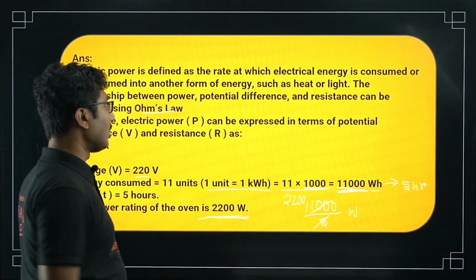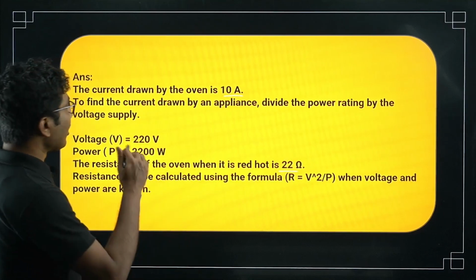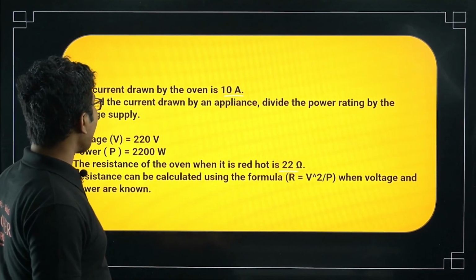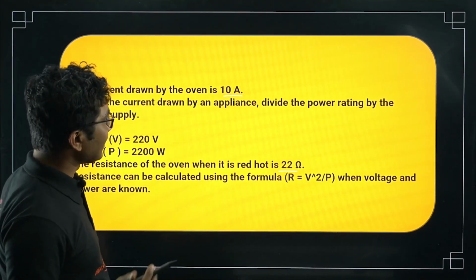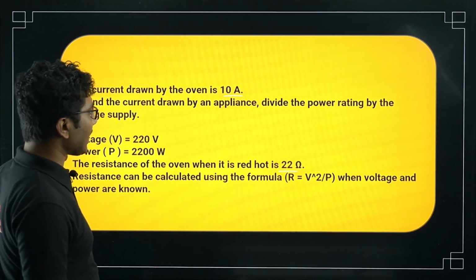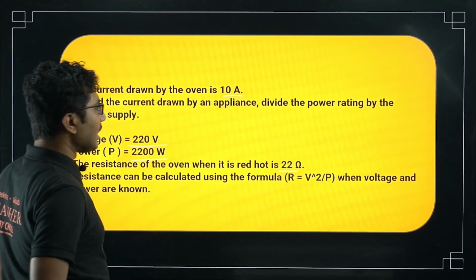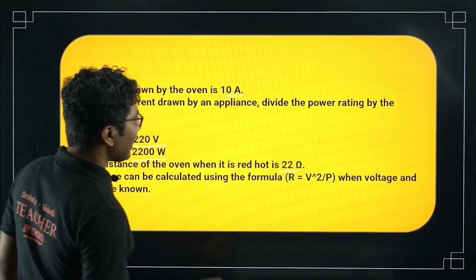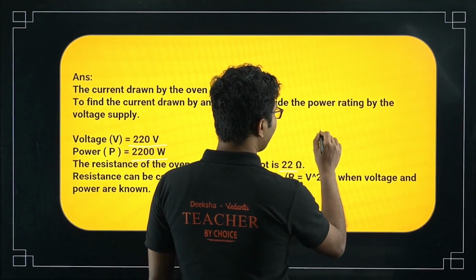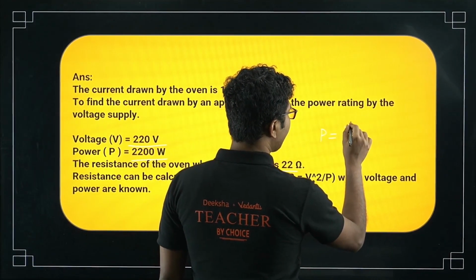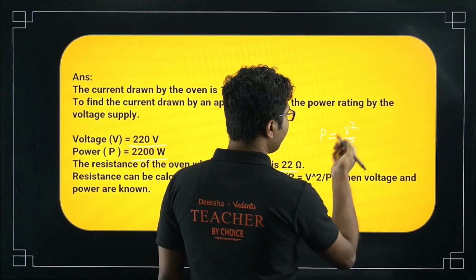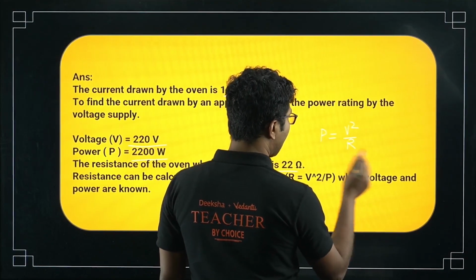Okay, joules per second. So now we have got it in joules per second. The current drawn by the oven is 10 ampere. To find the current drawn by the appliance, divide the power rating by the voltage supply. So voltage is given, power is given, you can calculate the resistance. Resistance is basically P is equal to V square by R. Okay, V is known, P is known, you can calculate R, right?